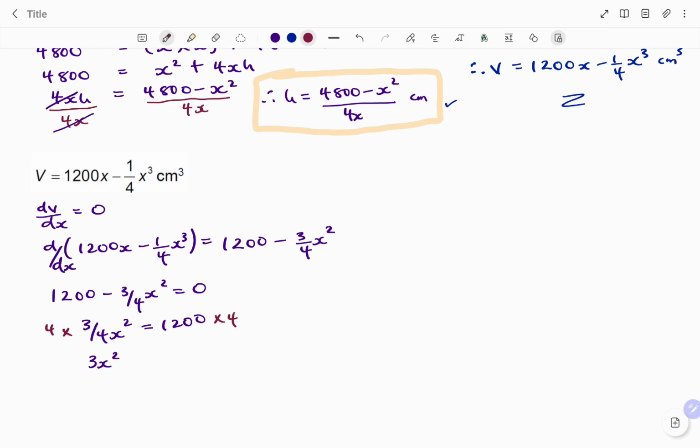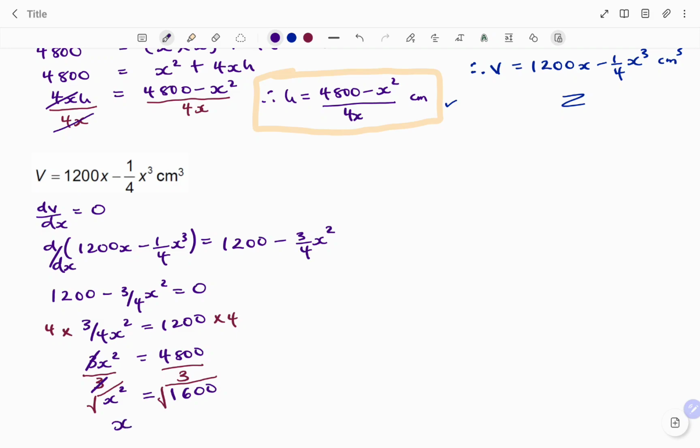Whatever you do on your left, you do on your right. That will be 4 times 1,200, that's 4,800. And then I'm going to divide both sides by 3. So 3 over 3 is 1, x squared equals 1,600. And therefore, to find the value of x, find the square root of both sides.